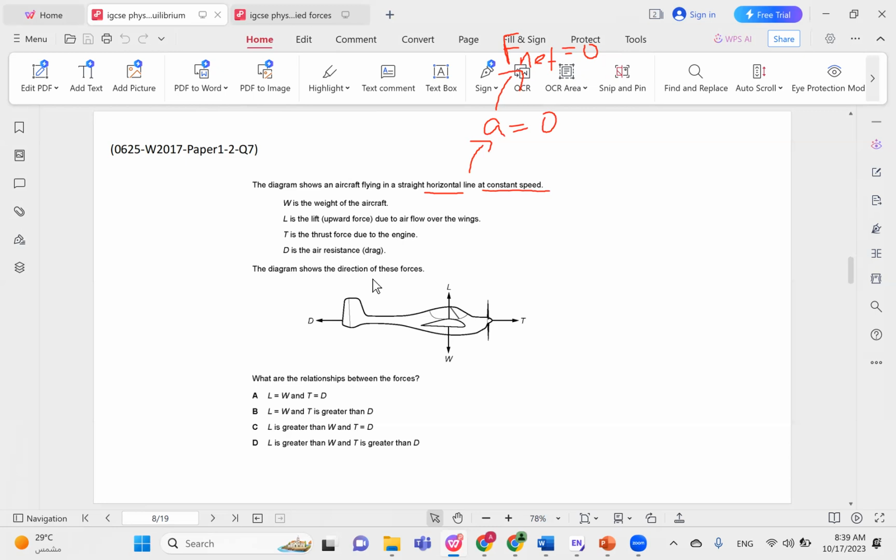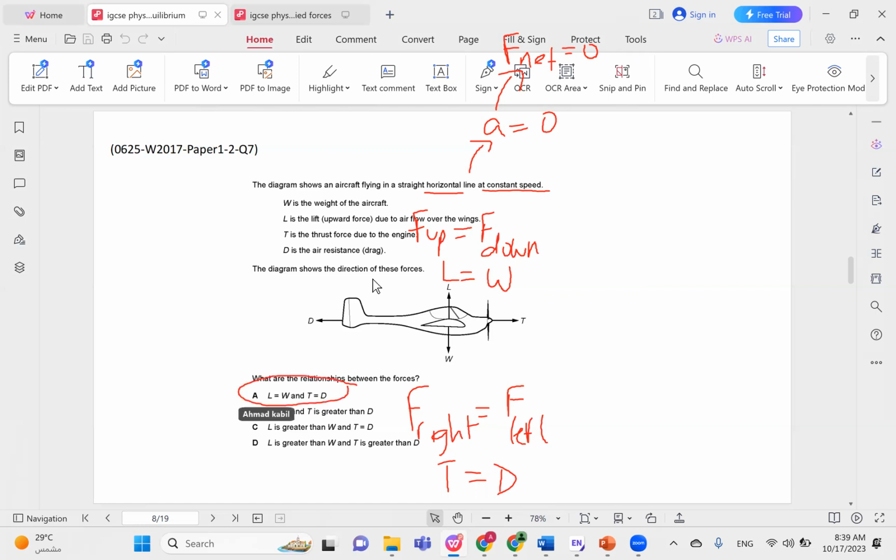Now, since the net force is zero, this means that upwards forces must equal downwards forces. F up must equal F down. F right must equal F left. So L must equal W and T must equal D. And the correct choice here must be choice A.